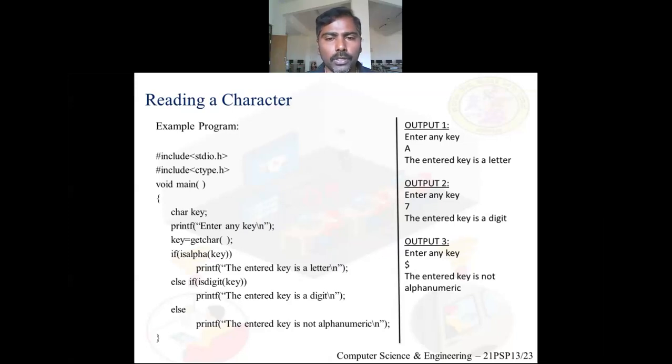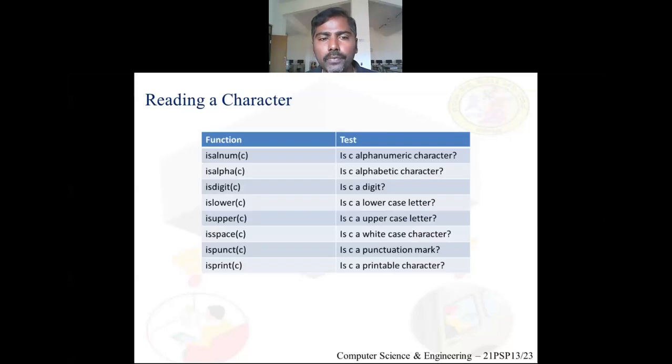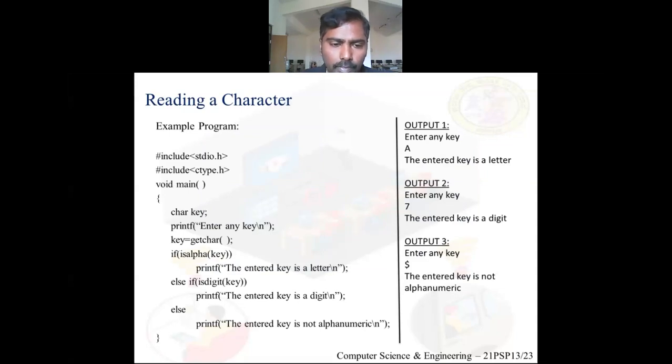To check whether the character entered is an alphabet, there is the function isalpha. It returns true if the character identified by memory location c is an alphabet, else it returns false. If false, let me check whether the character entered might be a digit.